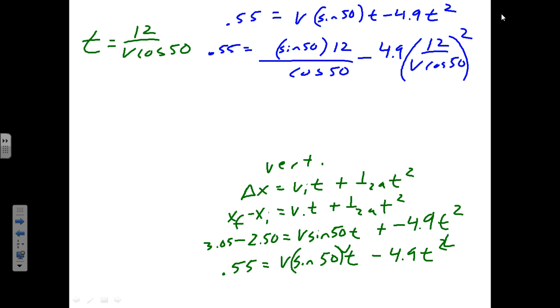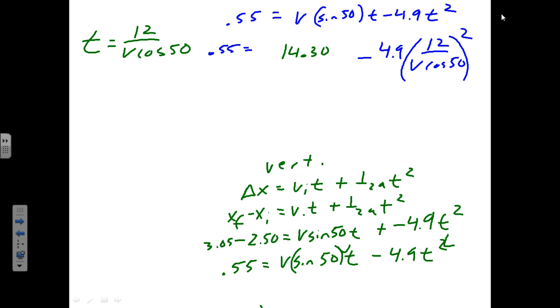So let's go ahead and try to simplify some of the math. Let's take this term and do the math. So let's go 50 sine times 12 divided by the cosine of 50. That comes up to be 14.30. Take all that out. We'll replace it with 14.30.